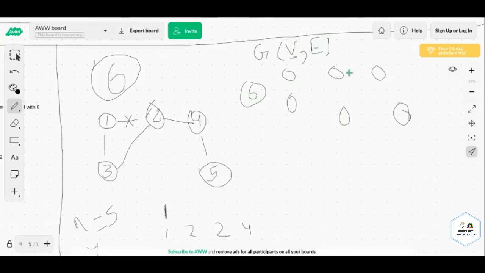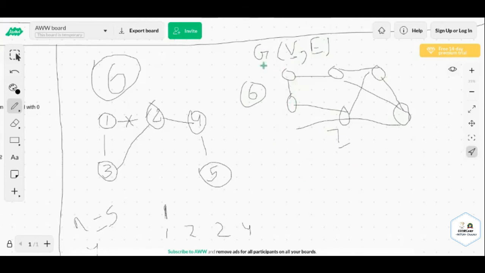Here V contains these nodes and E is empty. Now, we can create any number of edges. Now this is also a graph with the number of vertices being 6, and the number of edges being 1, 2, 3, 4, 5, 6, 7, so 7 edges.